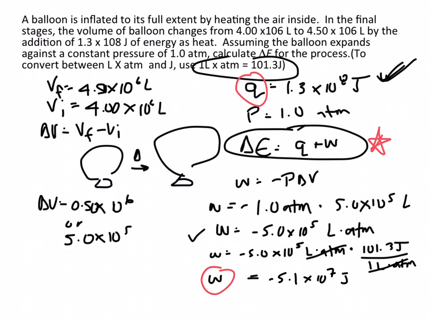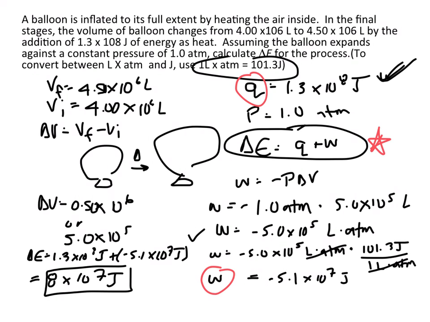So what we're going to do there is delta E is going to be equal to 1.3 times 10 to the 8th joules plus negative 5.1 times 10 to the 7th joules. And this is going to give us an overall delta E value of 8 times 10 to the 7th joules.